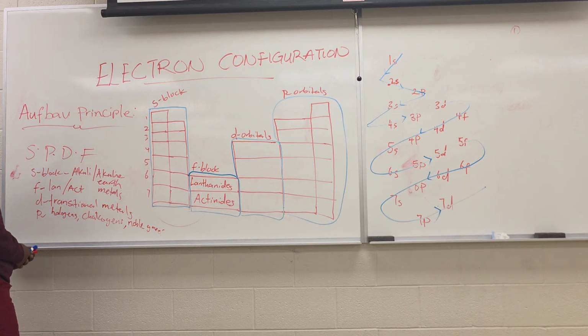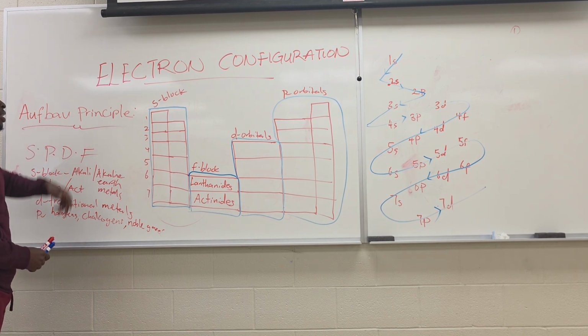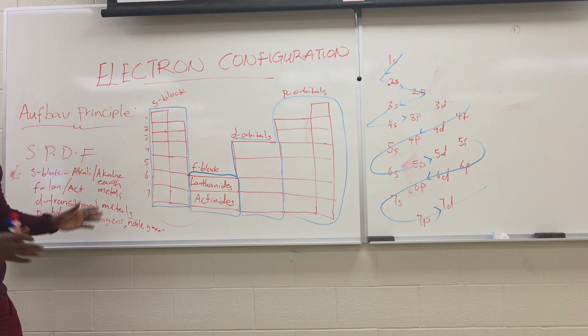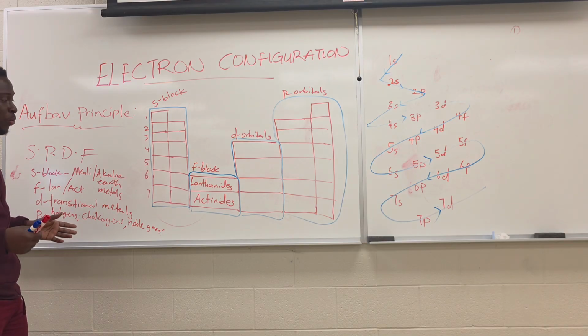Now, how do we really represent the electronic configuration using the above principle? That is basically how we generally represent electronic configuration.